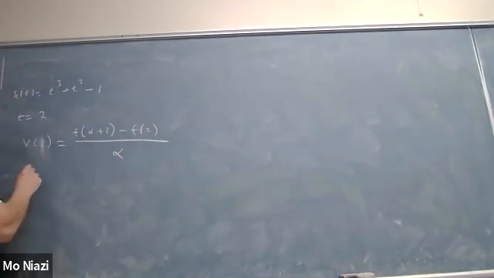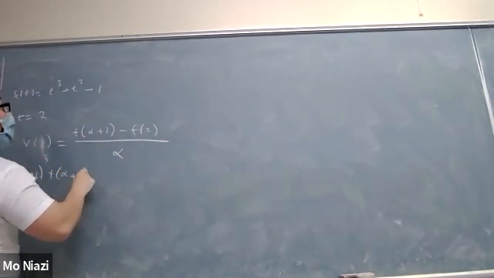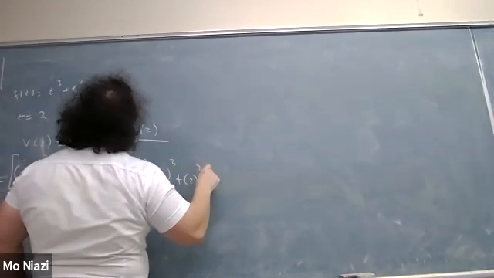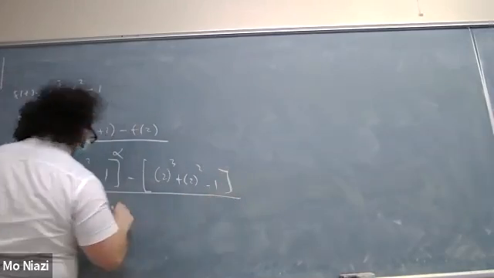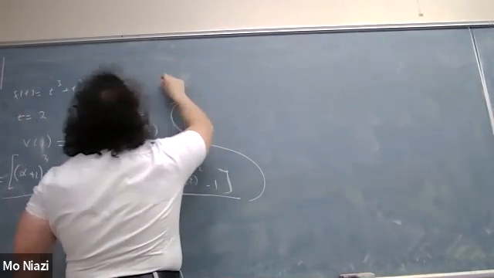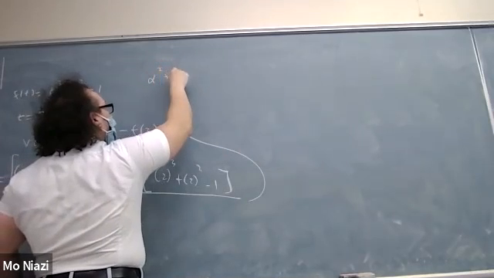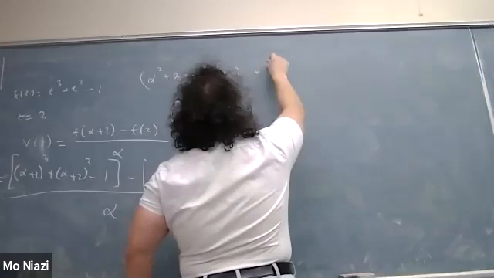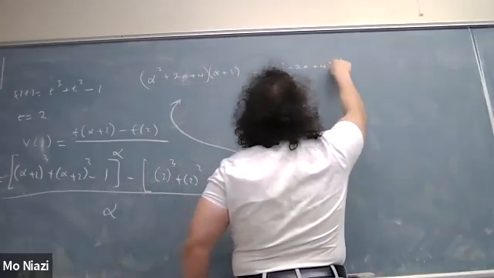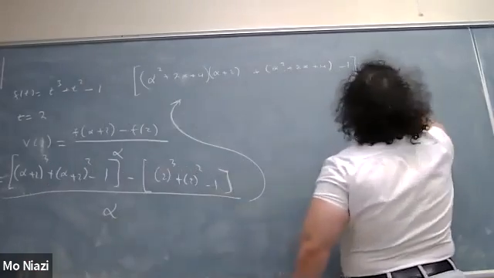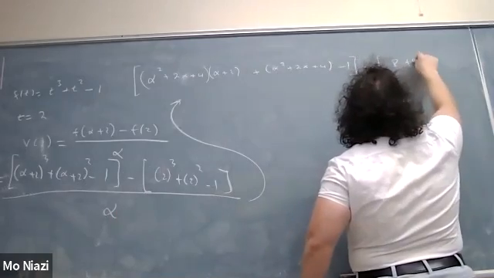So notice that this becomes alpha plus 2 cubed plus alpha plus 2 squared minus 1, minus 2 cubed plus 2 squared minus 1, everything divided by alpha. Expanding the cubes, we have alpha squared plus 2 alpha plus 4 times alpha plus 2, plus alpha squared plus 2 alpha plus 4, minus 1, minus 8 plus 4 minus 1.